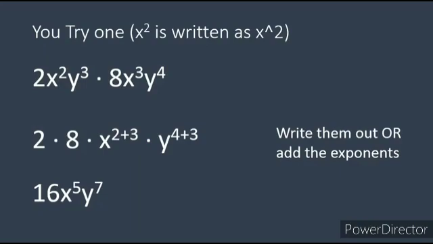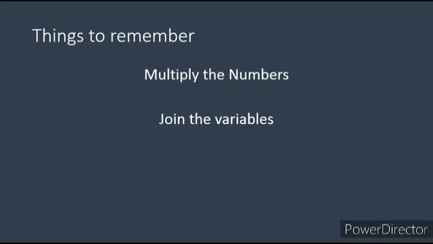I hope you understand the multiplication of monomial by monomial with different algebraic terms. Then at the end, things to remember. The points you need to remember while solving the multiplication of monomial by monomial. The first step is you multiply the numbers or coefficient. Then you join the variables.